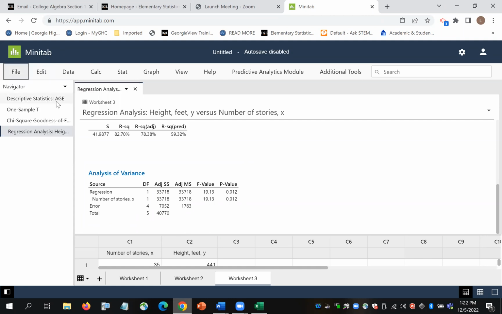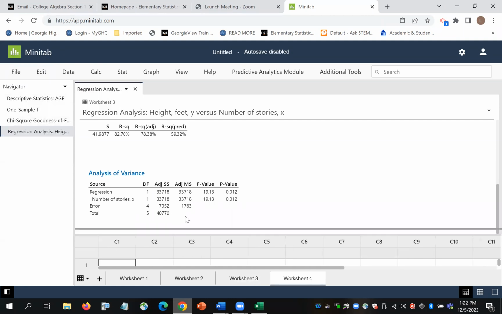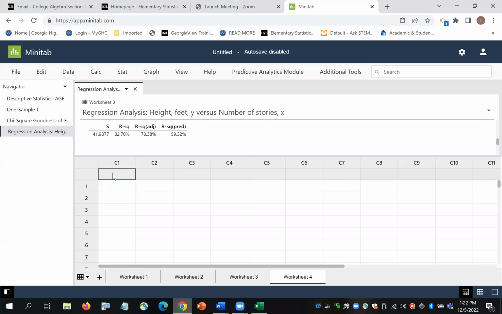Okay, so I'm going to get a new worksheet. So again, I have a clean worksheet. And then I have to enter the data. So I have business administration, education, general studies, and nursing.